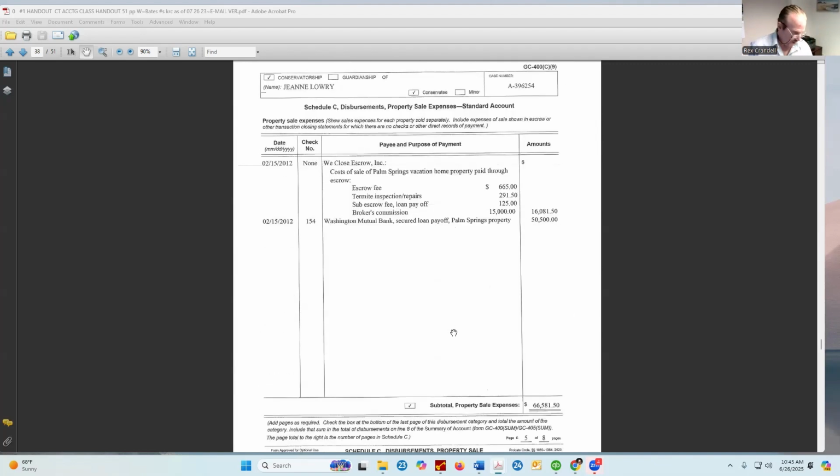Disbursements for property sale. This is what I was talking about, getting the final closing statement for the house sale. List all the details for the commissions, the closing costs. What you have in this area is a mix of different types of expenses.